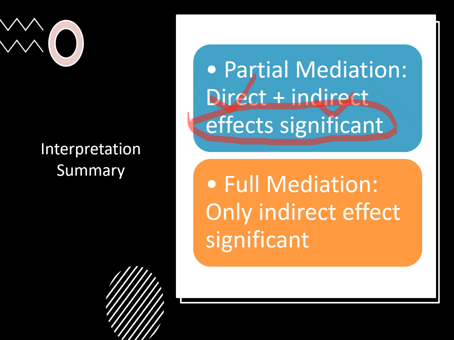That is called our partial mediation. And full mediation: only the indirect path, I mean the specific indirect path, is significant and the direct path is not significant, right? This is called full mediation. And when there is no mediation, the specific indirect effect is insignificant or any path of the mediation is blocked, it is called no mediation.